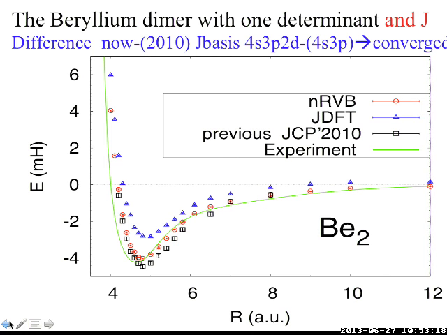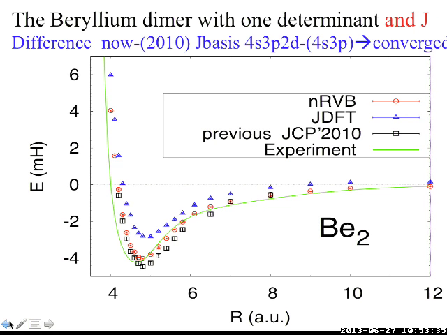I have not done the DMC over this, but I will tell you what the DMC story is in a few seconds. You get that the longer distance part, that is the most correlated part, is completely off.